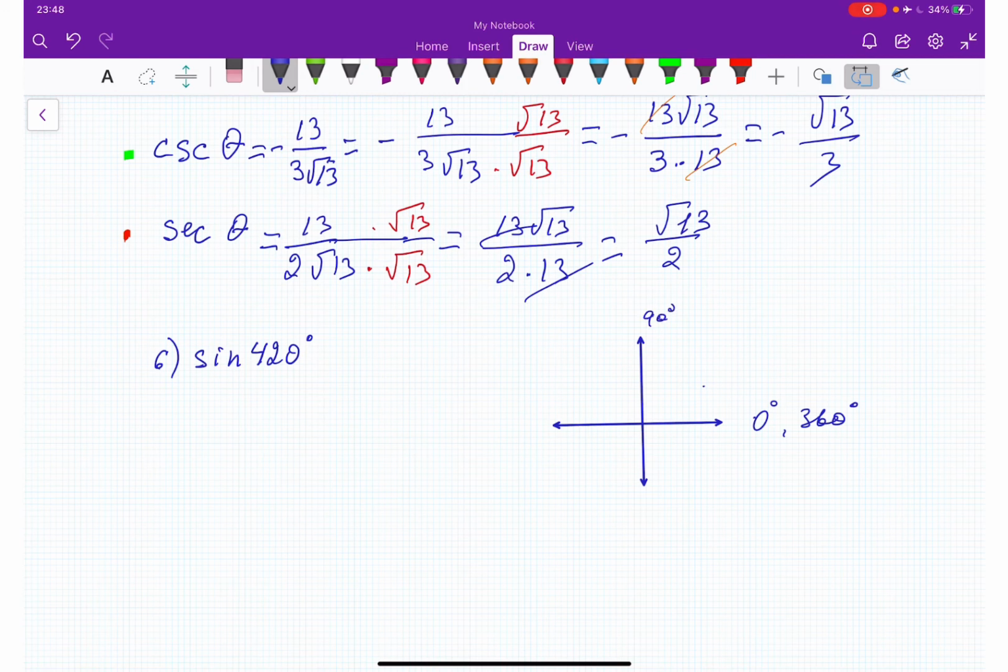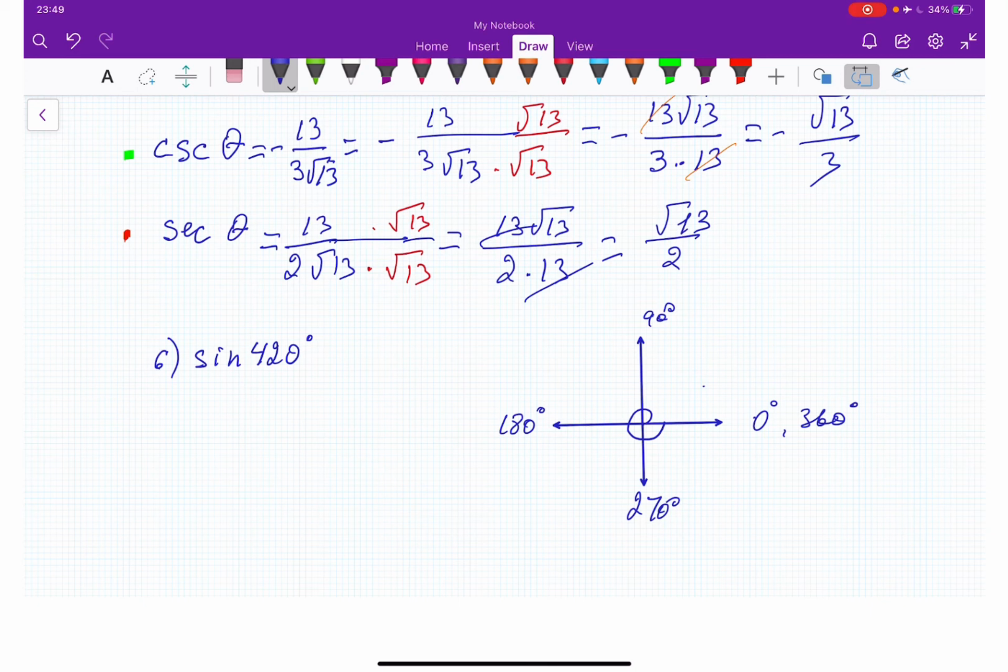This is 90 degrees, 180 degrees, going by 90, 90, 90, because each of them is a right angle. 180 plus 90 is 270 degrees, and plus 90 is going to be 360 degrees. Okay, we have 420 degrees. We know that one full cycle is 360 degrees, correct? But we need 420.